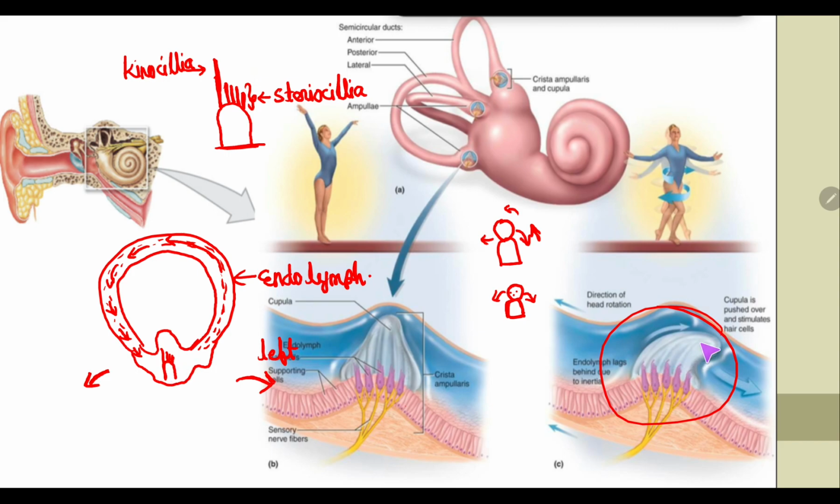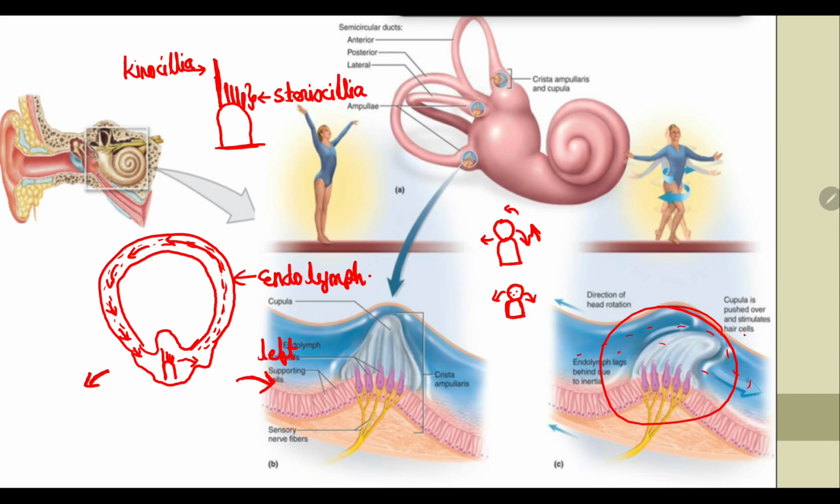Now the sensory hair cells are covered by a gelatinous material that is called cupula. So cupula will bend in this direction. When it bends in this direction, a nerve impulse will generate and the information will go to the brain.